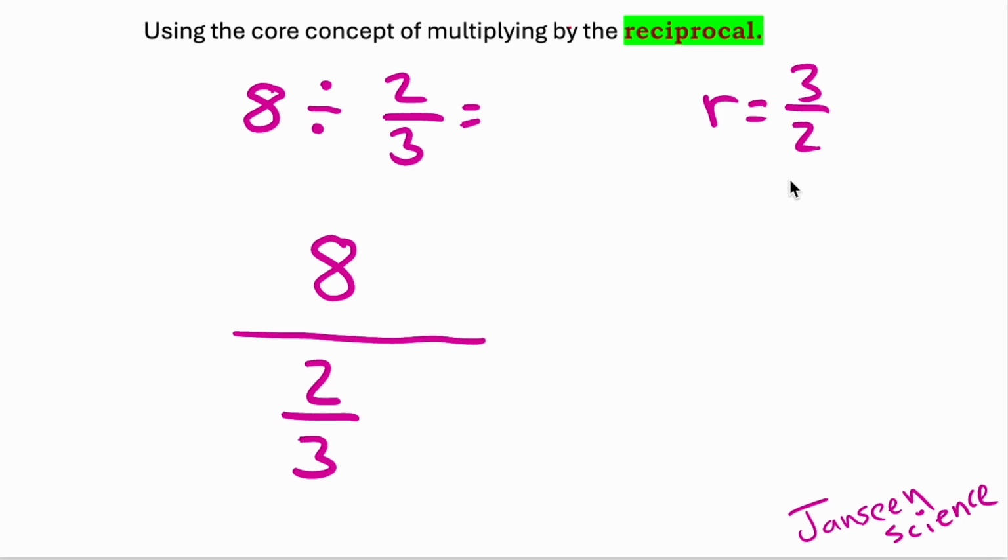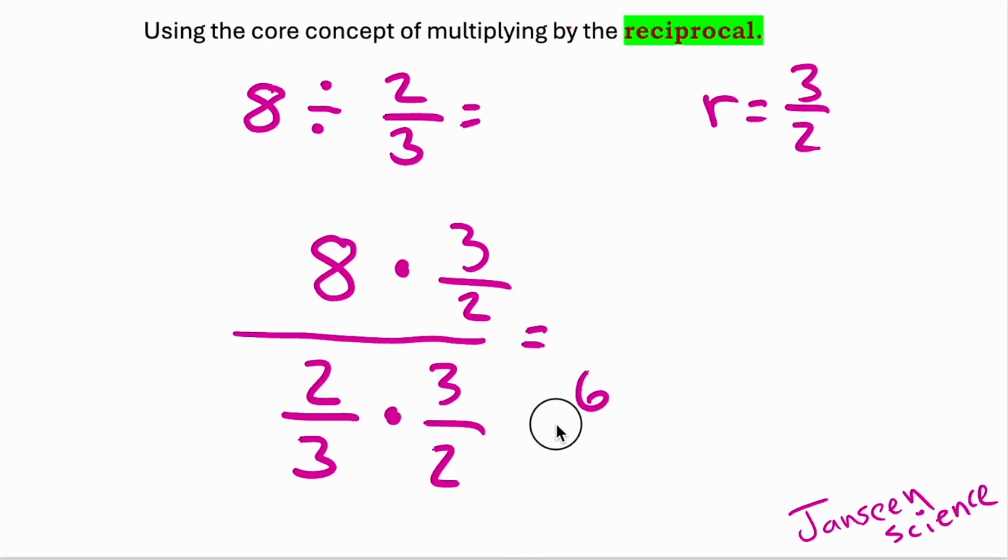And now you're going to multiply the divisor by the reciprocal, and you do the same with the dividend. So it's going to be 3 over 2 and 3 over 2. And so 2 times 3 is 6, and 3 times 2 is 6. So that gives you 1.